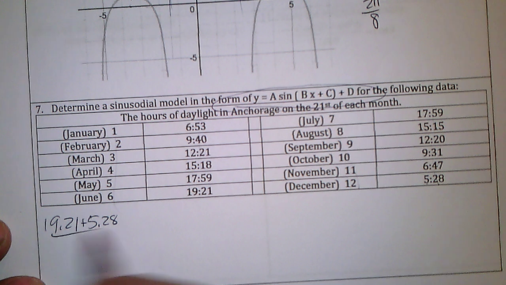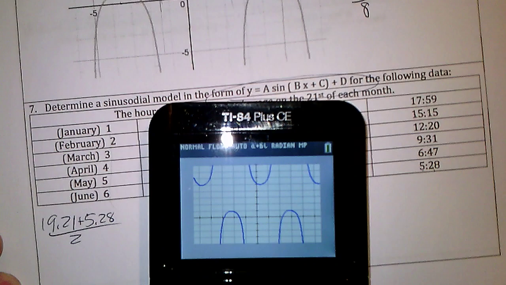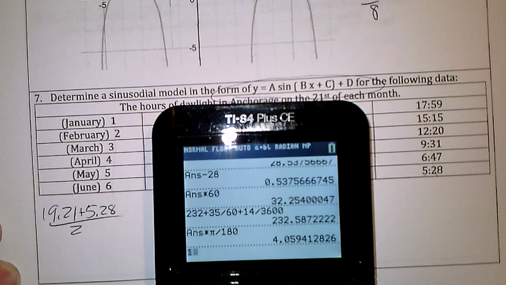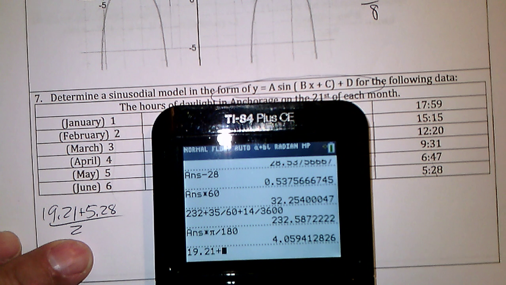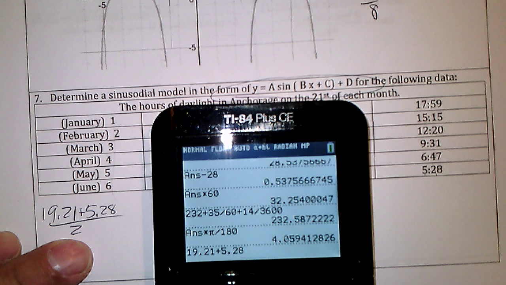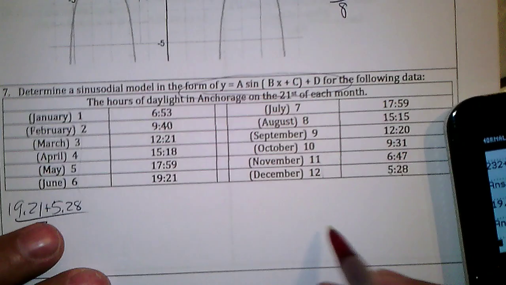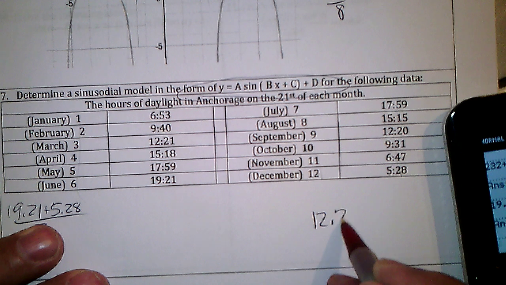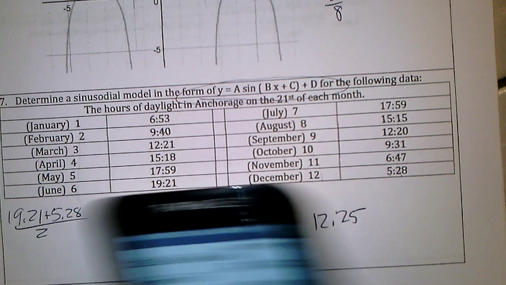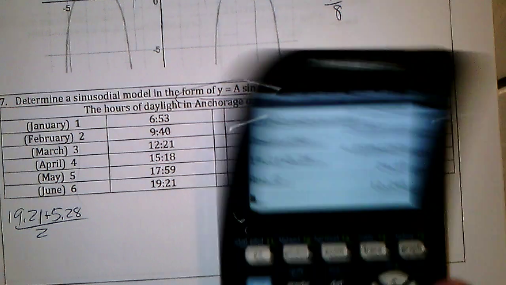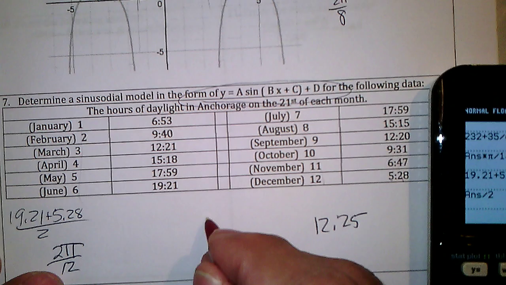So if I add these and divide by 2, I get the vertical shift. 19.21 plus 5.28 divided by 2, I get the center line is up 12.25-ish. And then we can get the period. This is a 12-month period, so 2 pi divided by 12 is pi over 6.